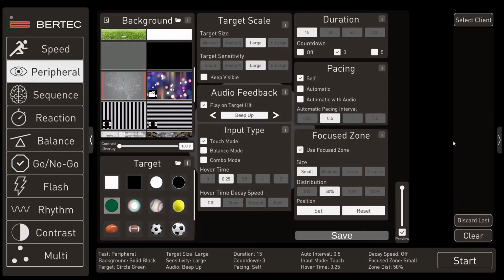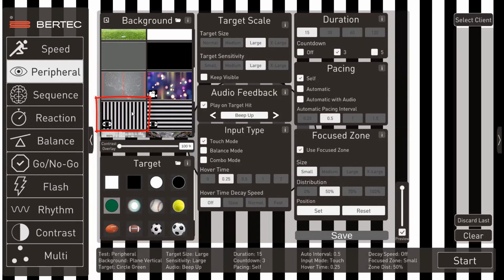Since VMS is most dramatically affected by high contrast, fast moving objects with distinct borders, OKN stripes with horizontal, vertical, and concentric orientations lend themselves nicely for our purposes. Instead of a black background, we're simply going to select the OKN stripes.